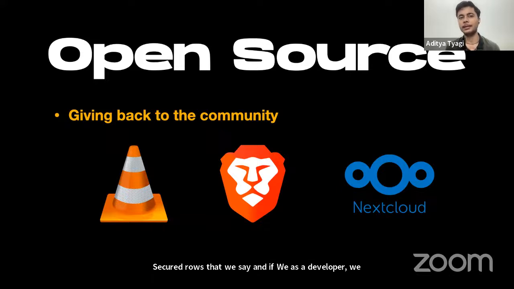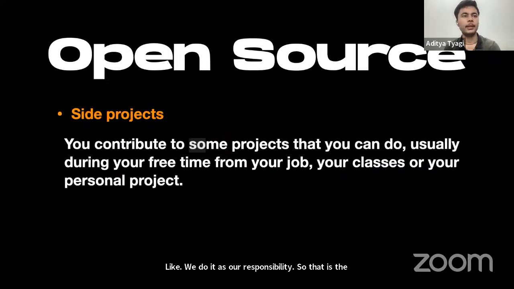We see a glitch, or the app is crashing, and we can go back to the code and serve that open source community. We should do it as our responsibility. These are the main open source tools that I use.